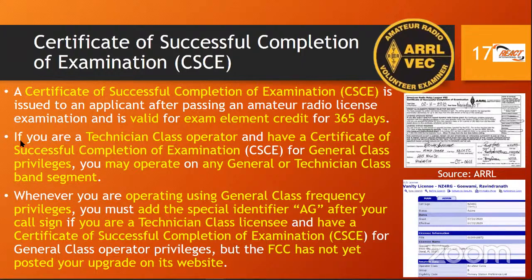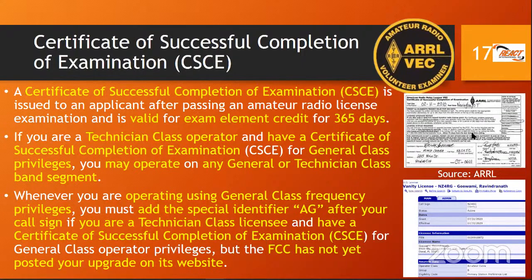Okay, if you are a technician class operator, so you have already sat the technician class, you are assigned a call sign, but you decide to go and now do the general class exams. So if you have your CSCE from the general class, you can actually operate on the general class, even though you have technically not yet appeared on the FCC website as a general class.